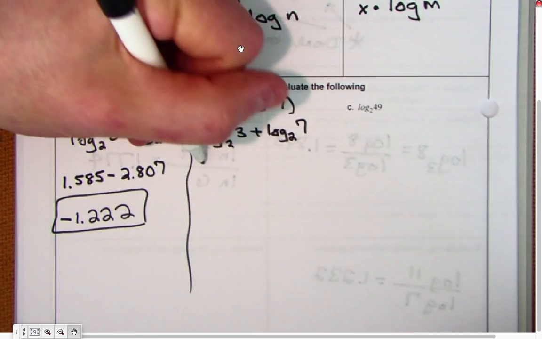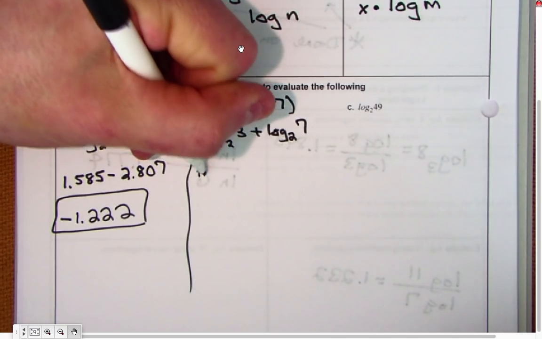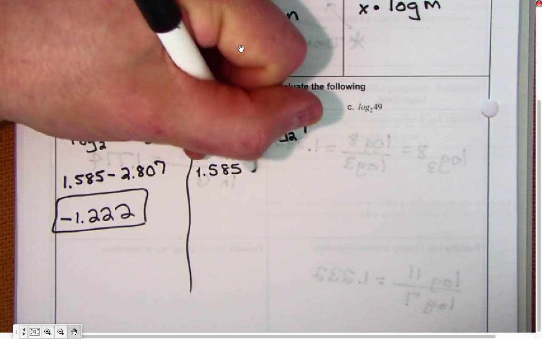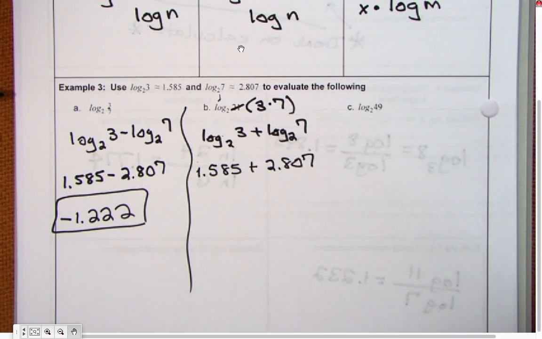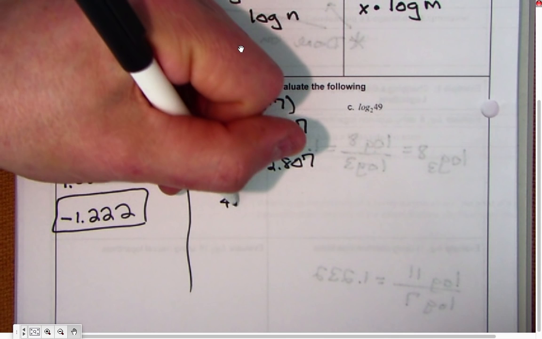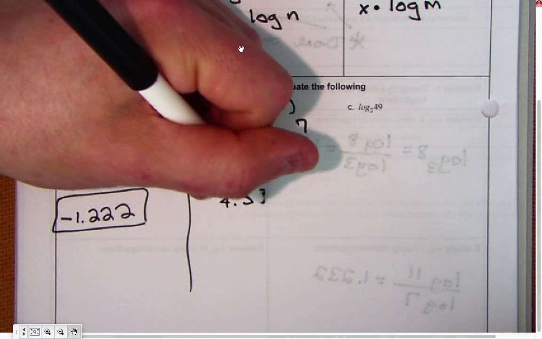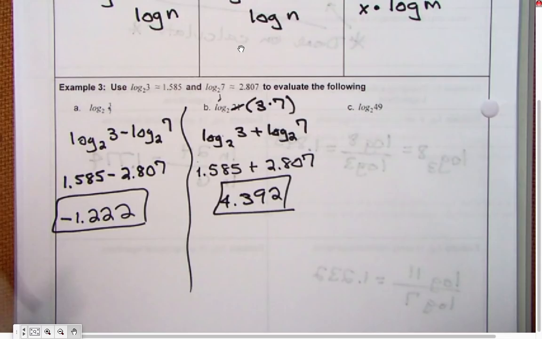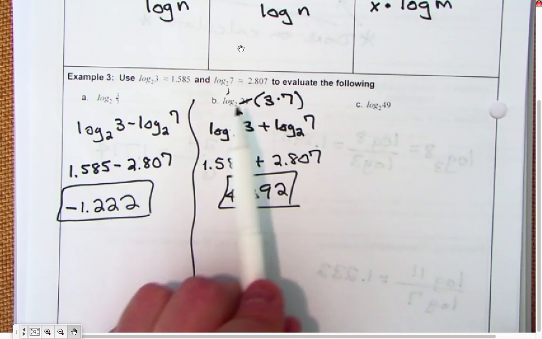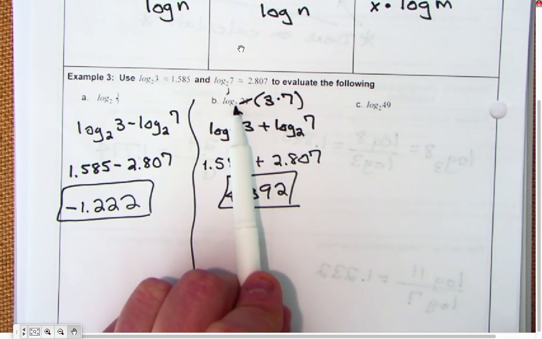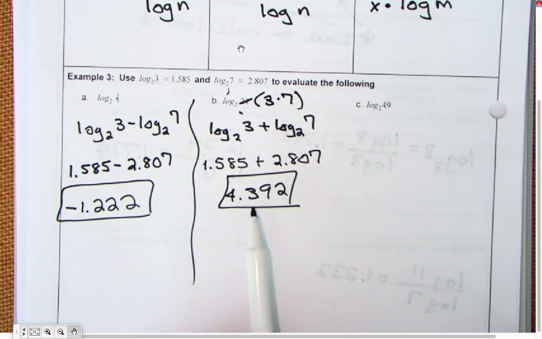Once again, knowing what these two are equal to, 1.585 plus 2.807, we come up with an answer of 4.392. So the logarithm base 2 of 21 is 4.392, and if you think about it, 2 to the 4th is 16, 2 to the 5th is 32, so it should make sense that the logarithm base 2 of 21 is somewhere between 4 and 5.